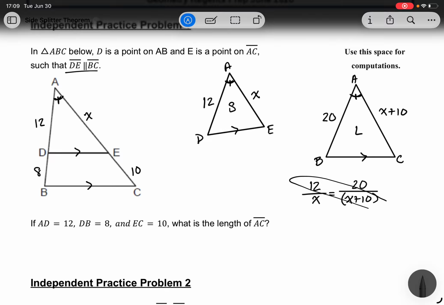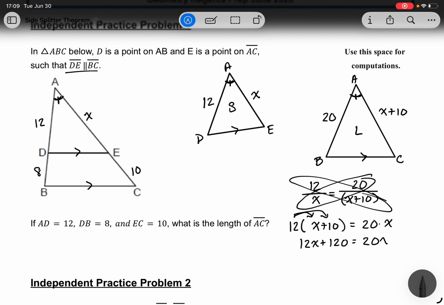So we're going to cross multiply. So we're going to do 12 times X plus 10 equals 20 times X. So distribute that 12 to everything in parentheses, which gets us 12X plus 120 equals 20X.